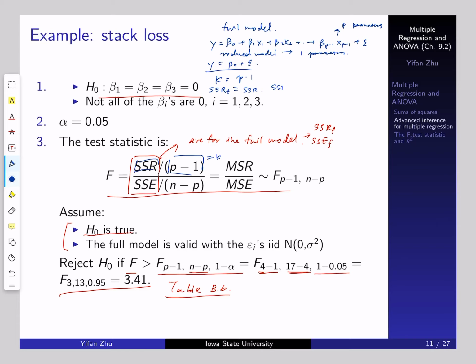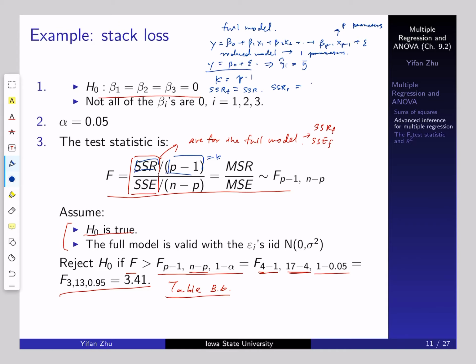And what is SSRR, the SSR for the reduced model? Because we only have one intercept, the yi hat are all the same, equal to the estimated intercept, and the estimated intercept is just y bar.